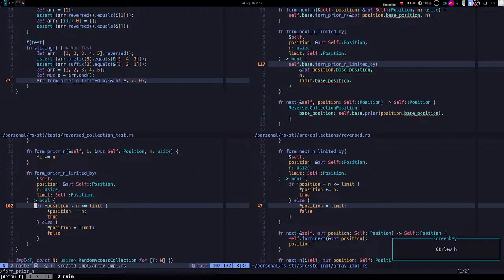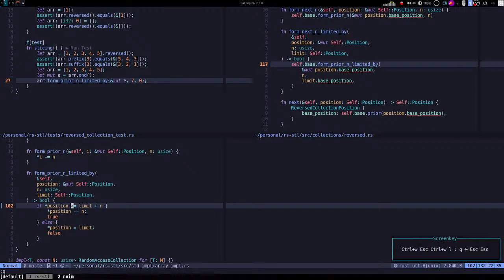Okay, so we are at position P and we subtract n, and this can get negative, and that's a problem, right? So what we have to write is: if the position is greater than limit plus n, then we do this. That's a bug. That's a subtle bug, right?